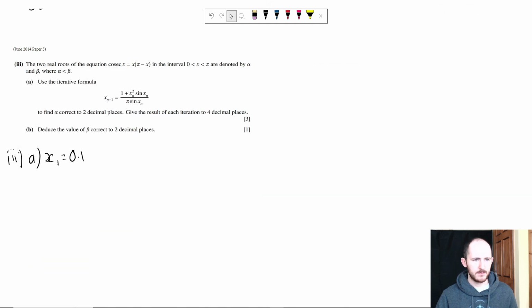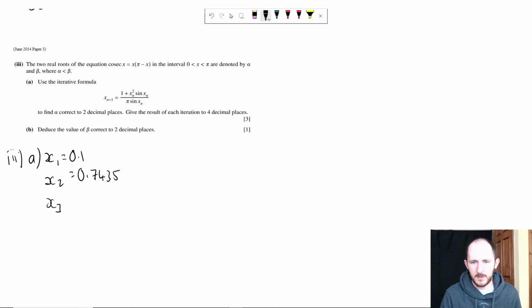Oops, my bad. I need to actually change over to the right value. So I'm just going to enter it in one more time: answer squared sine answer over pi sine answer. And the values I'm getting for subbing those in are 0.7435.